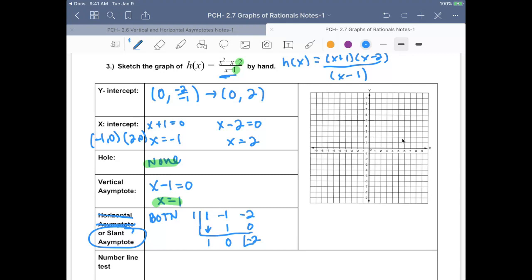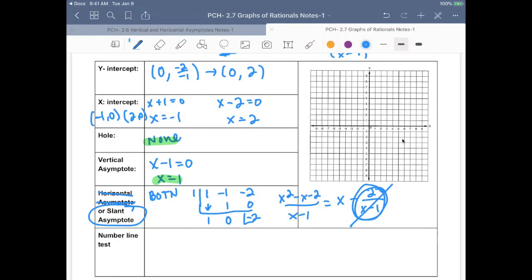So remember, x squared minus x minus 2 over x minus 1 would equal x plus a remainder, -2 over x minus 1. When the x's get really big, the remainder goes to 0, so it doesn't matter. So our slant asymptote is going to be y is equal to x.